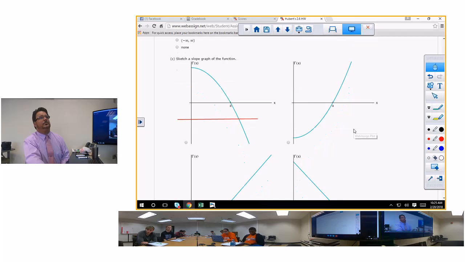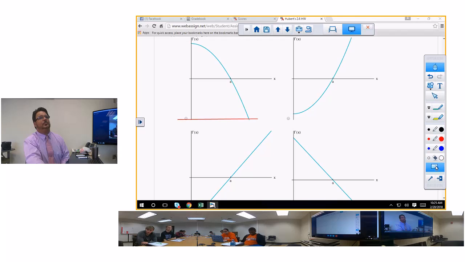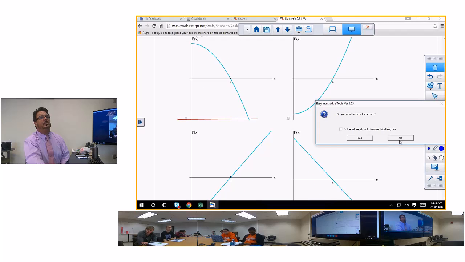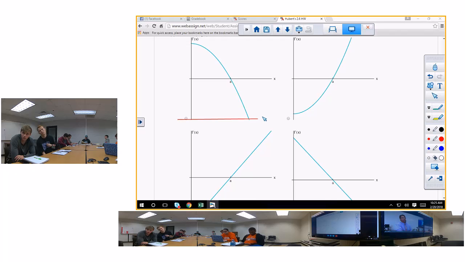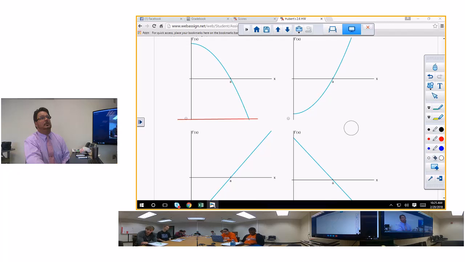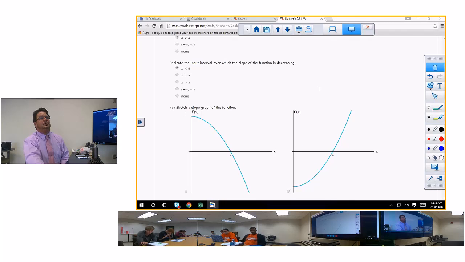Okay, I'm confused. Help me out. What is this saying? Hold on, let me erase that. It says, sketch a slope graph of the function.